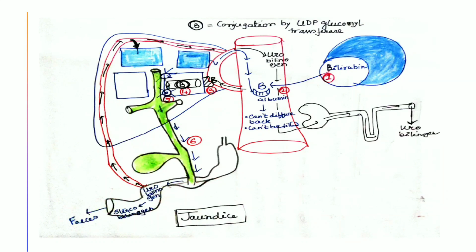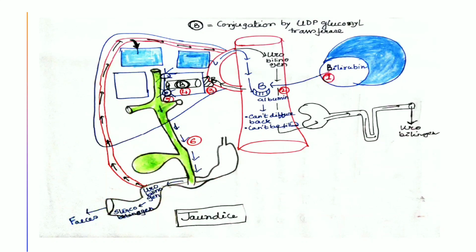On the canalicular side, we also have transporters, which help throw the conjugated bilirubin into the biliary canaliculi and the bile duct.